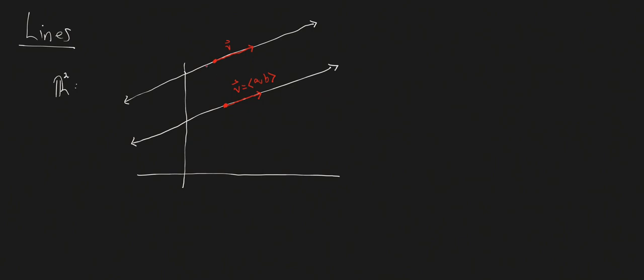So the question is, what distinguishes this line from this line? If they have the same direction, what they don't have in common is the set of points that they pass through. This line passes through a different set of points as compared to this line.